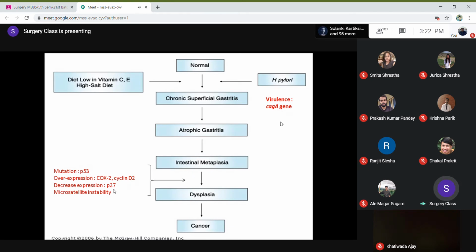So here the genetic factor comes into it: the P53 gene, COX2 overexpression and cyclin D2 overexpression, decreased expression of P27, and microsatellite instability. All these factors will give rise to dysplasia and finally the cancer.